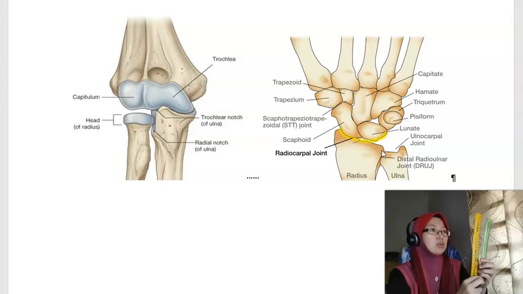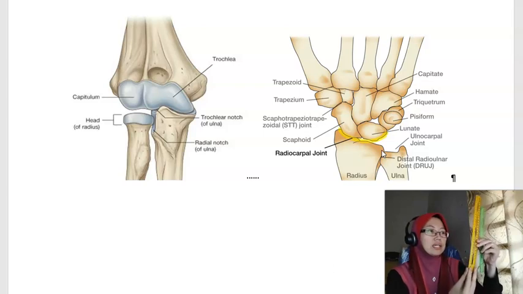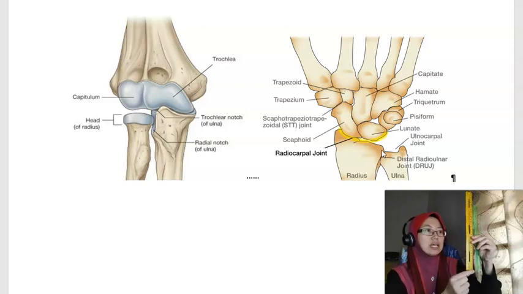So in the case of the radius, the bigger part is the distal end, and the ulnar head is small. The small ulnar head makes a notch in the distal end of the radius, and this notch we call the ulnar notch of radius.